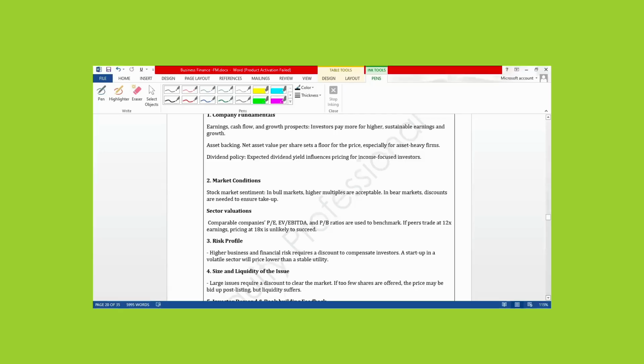What we are saying is, if that company risk is high, if the company shares have higher risk, if I'm going to buy the company shares and the company is highly risky, then the share price should be low. The issue price should be low.